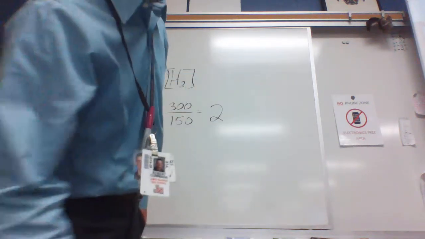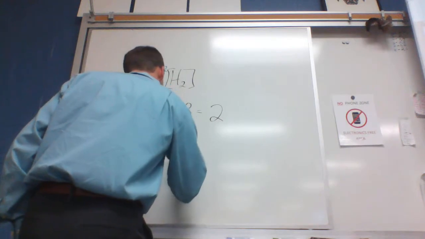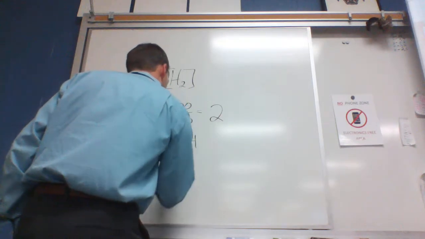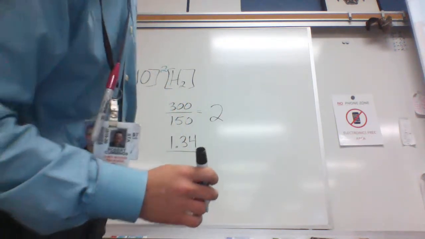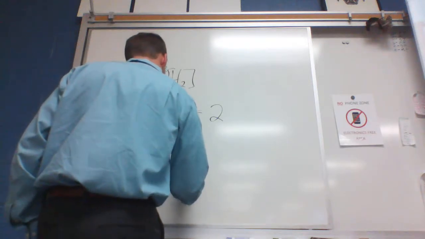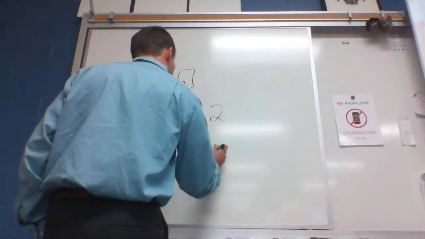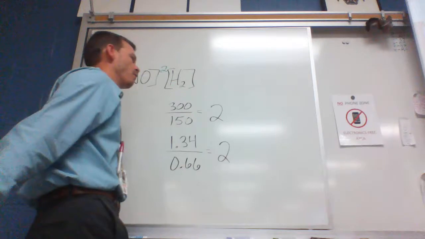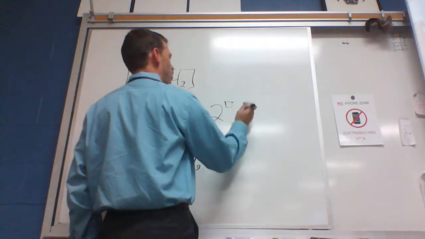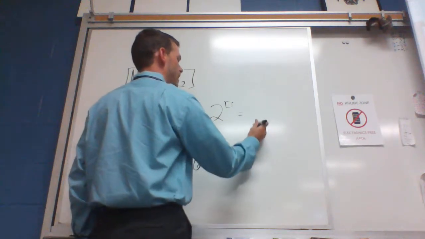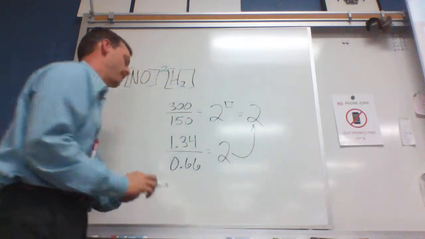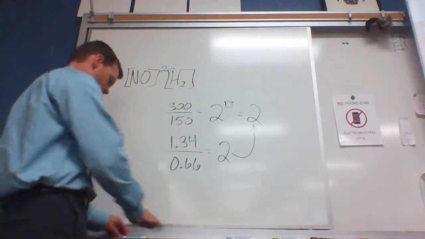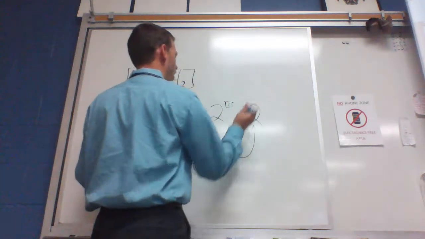So I'm going to get 1.34 divided by 0.66, and that equals 2. Of course, I'm trying to raise this number to a value that equals this number of the rate. So in this case, it will be a 1.